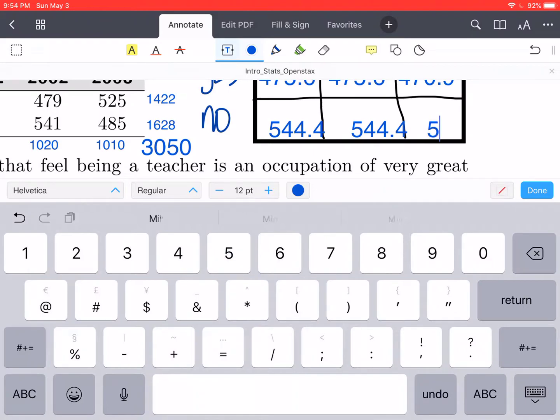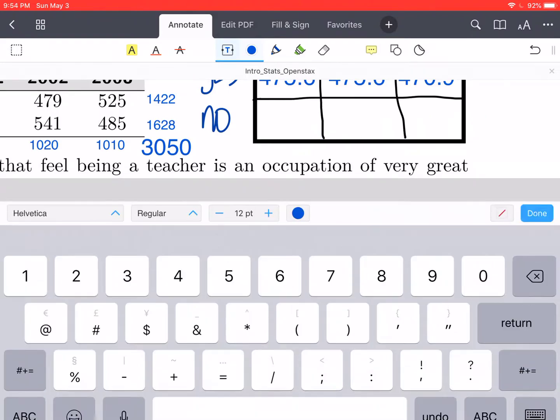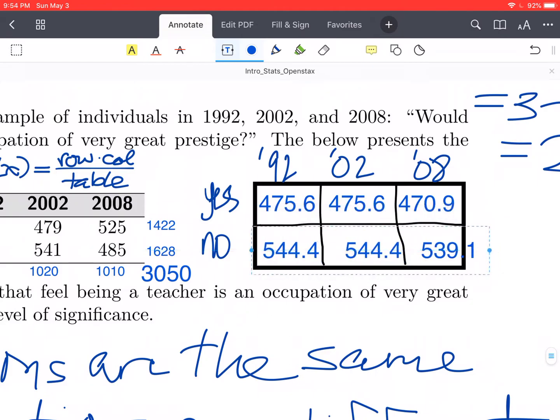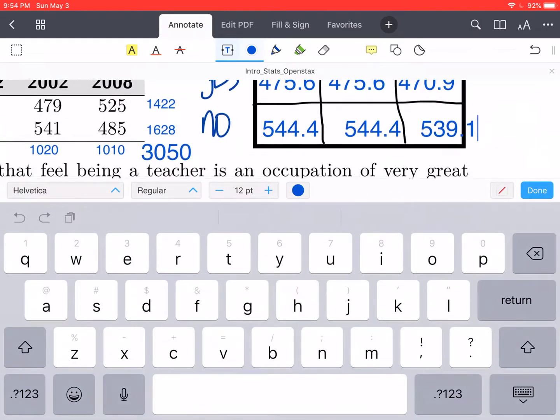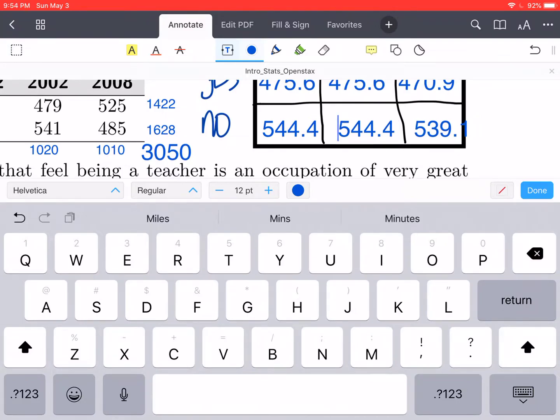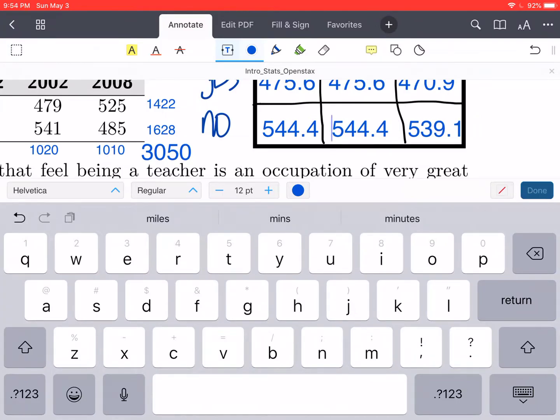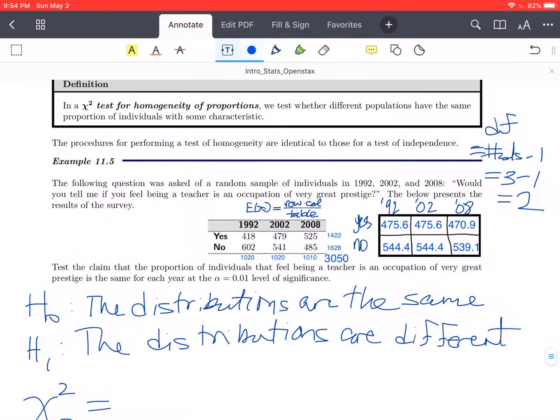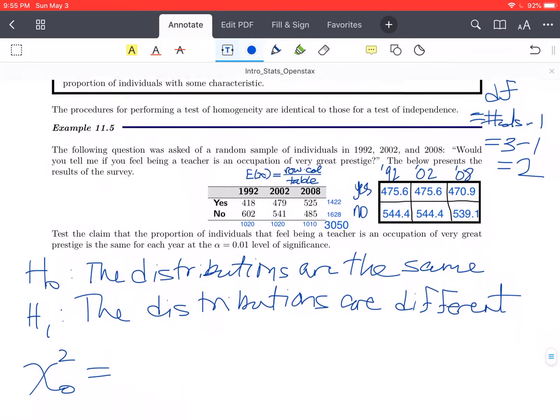And then the last one is 539.1. So just line that up there. Perfect. Okay, so there's our expected values.